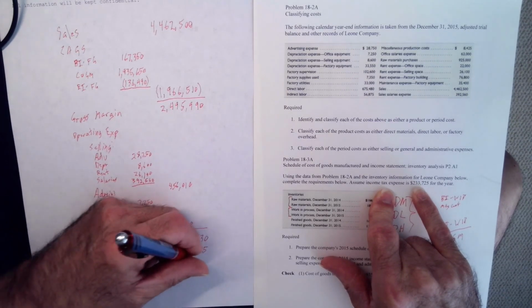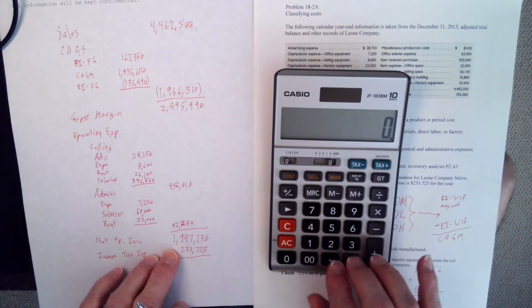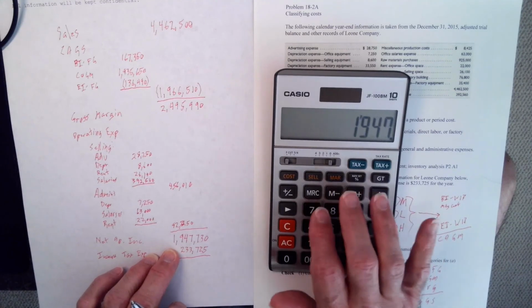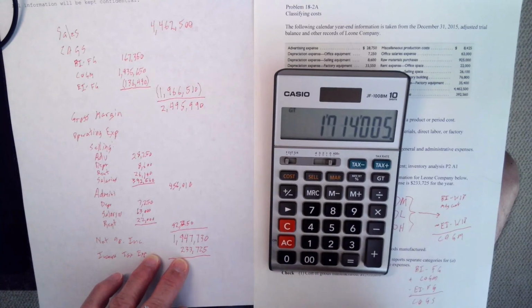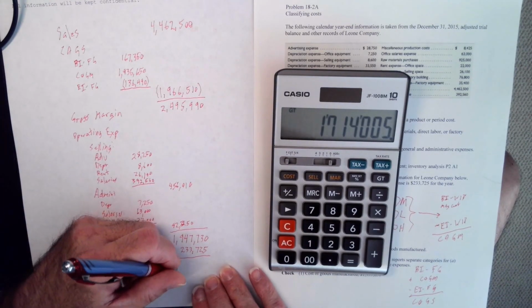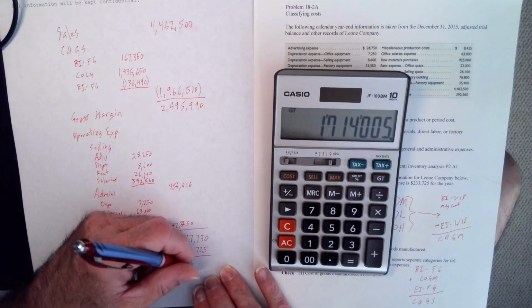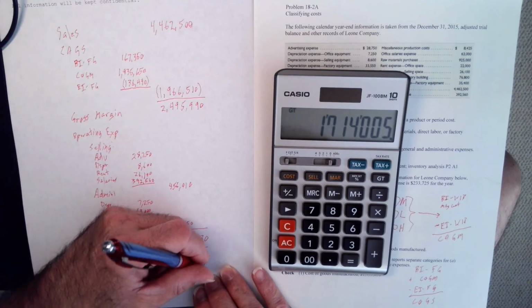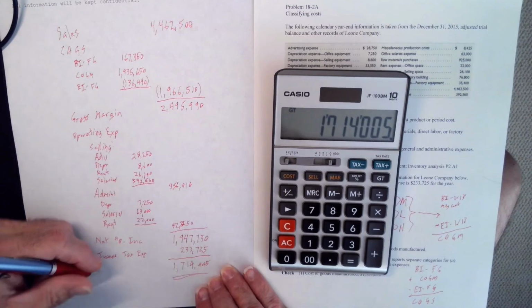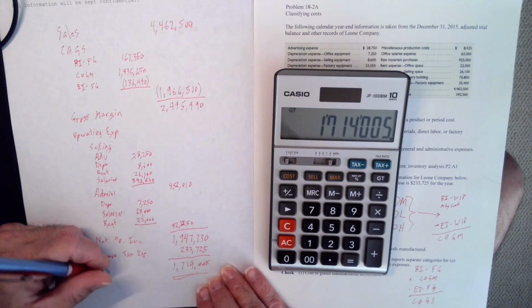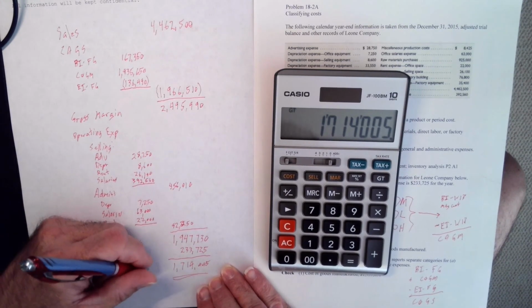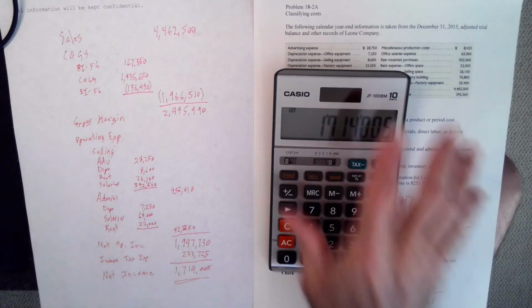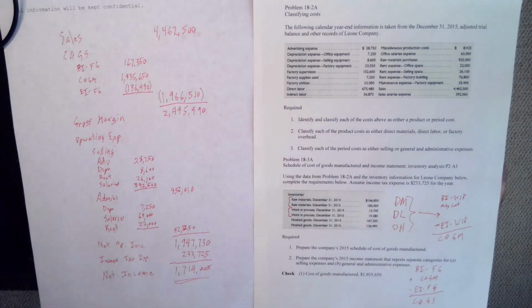And I'll subtract that from my total. So I got 1,947,730 minus 233,725. And that gives me 1,714,005. That is net income. Et voila, we are done. Alright, have a good one, guys. Take care.